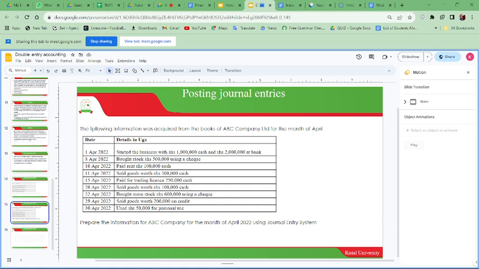you have to write a heading, a title. You write the name of your company, then you write what you're preparing, and then you write the month. Which month are you preparing for?